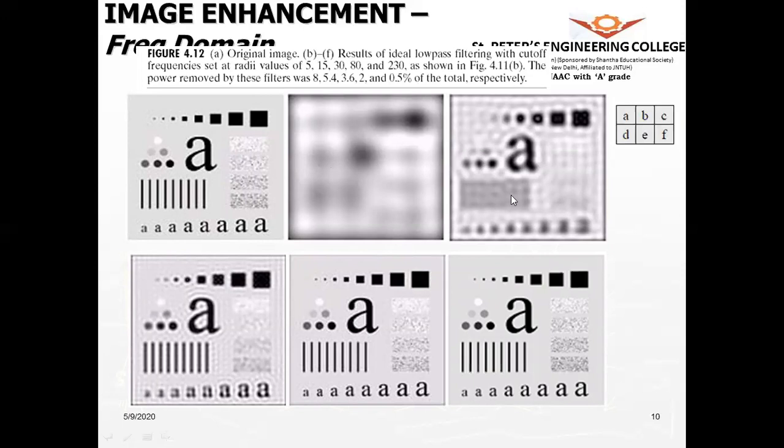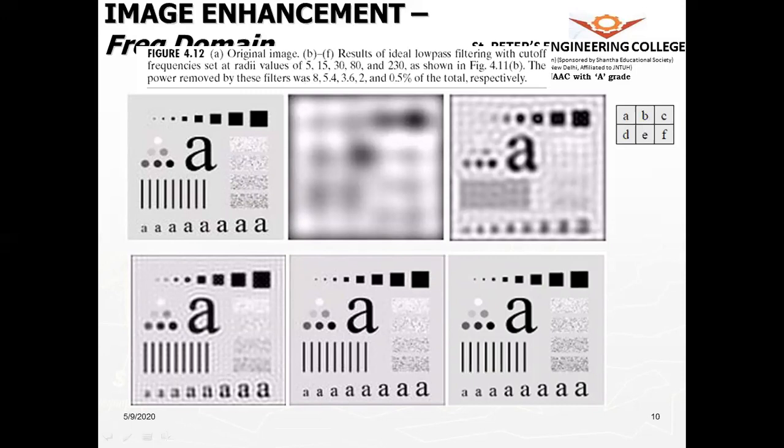This effect is called the ringing effect. Now why this occurs, we will see. So as we go for a higher circle or the bigger circle with a bigger radius, we get better results whenever we use the ideal low pass filter. So this is the conclusion.